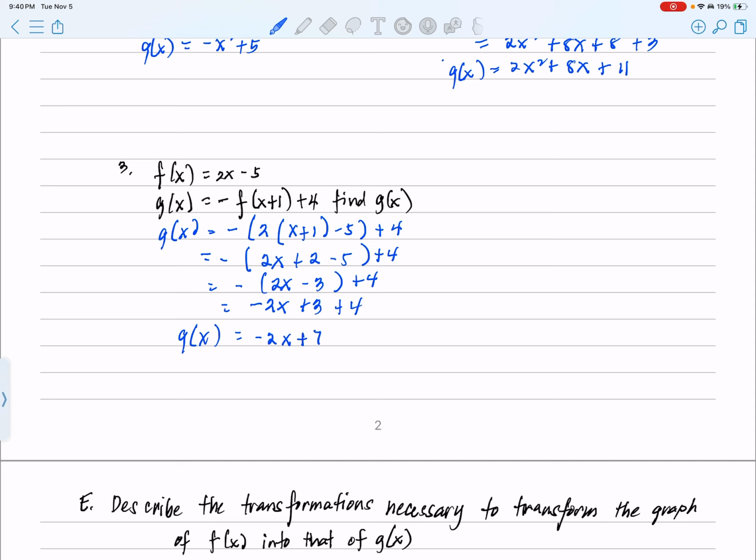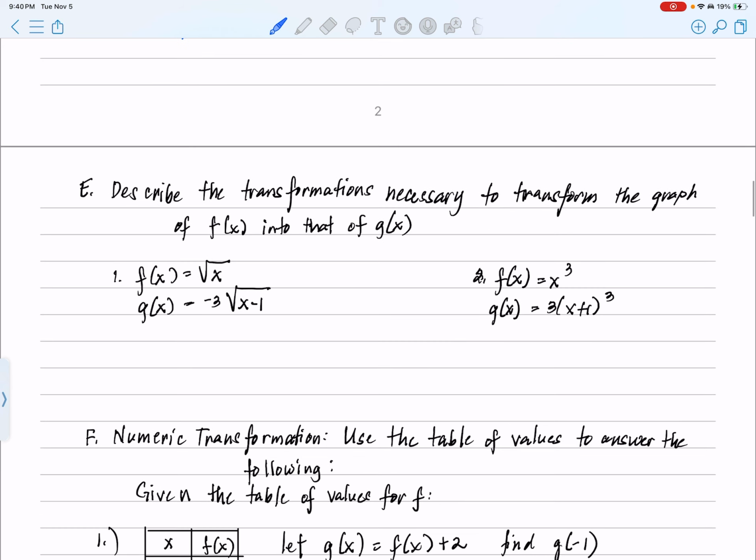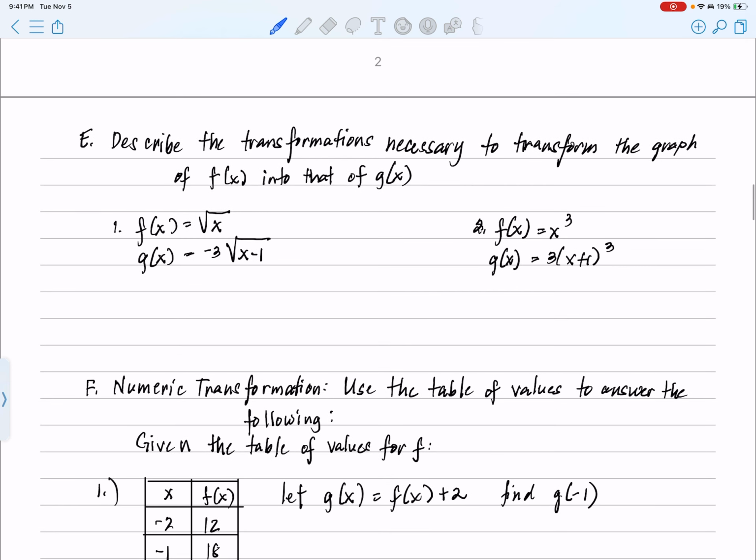Okay. Let's have E. Describe the transformation necessary to transform the graph of f of x into that of g of x. Okay. You are given these two. f of x is square root of x, and then g of x becomes negative 3 square root of x minus 1.